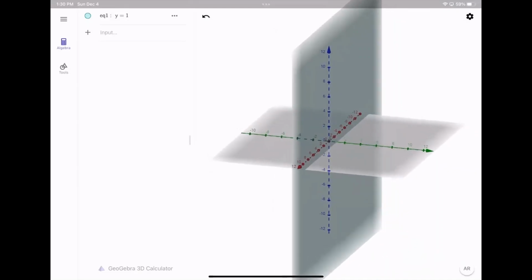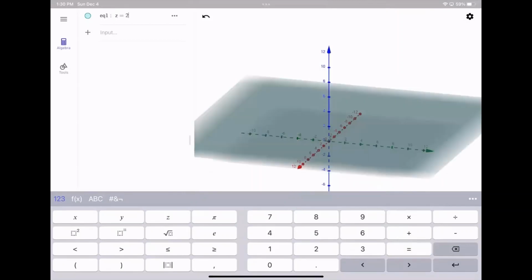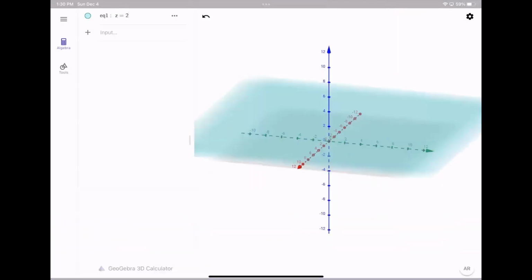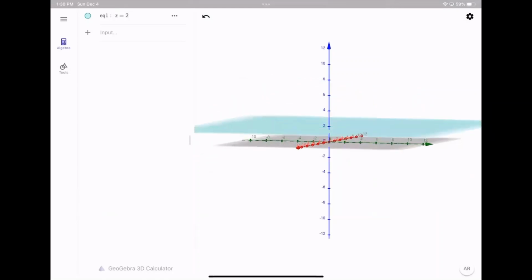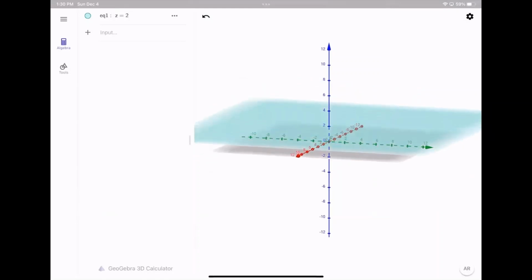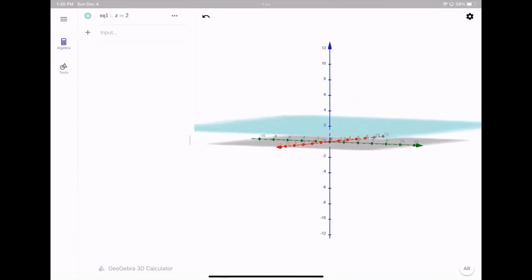And then the next example we did was z equals 2. That's a plane at z equals 2 parallel to the xy plane. Here's how that looks. There is z equals 2. If you move this around, you'll see that it's the plane parallel to the xy plane.